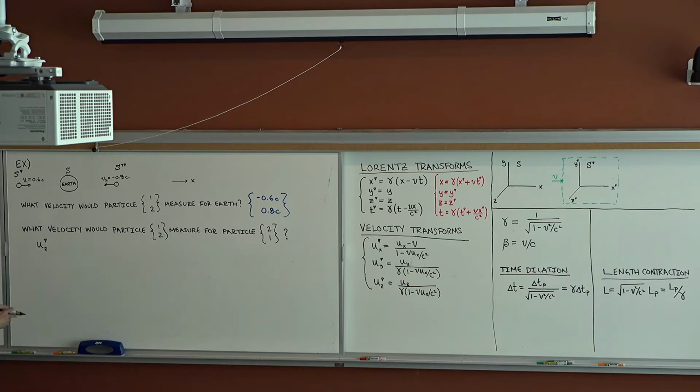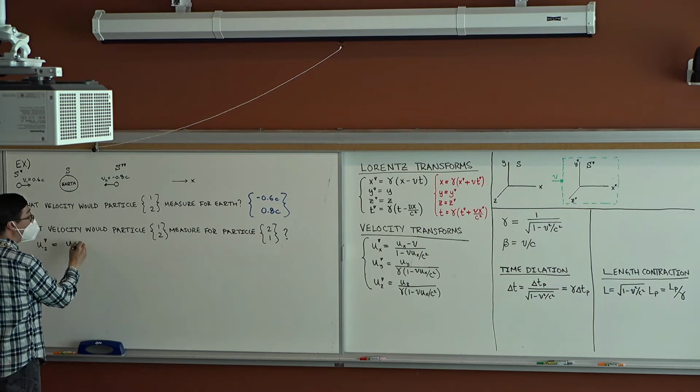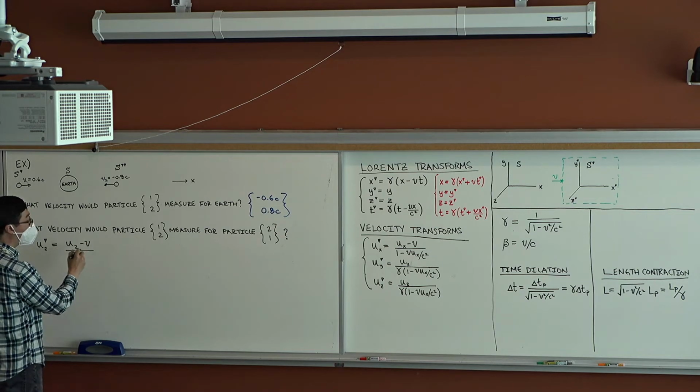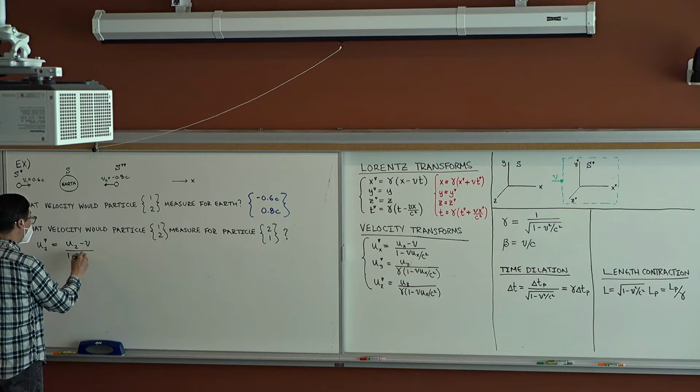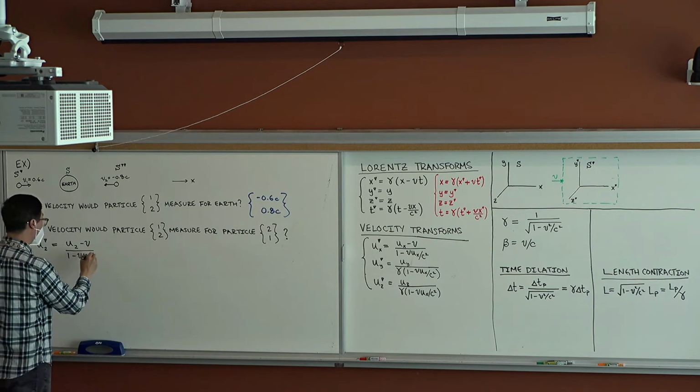So u2 prime, the way I read this is the speed of particle 2 as measured in the 1 prime frame. And so this should equal, by our rules, u2 minus v over 1 minus v u2 over c squared.